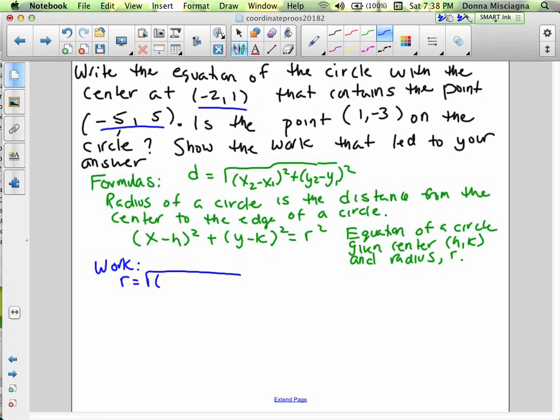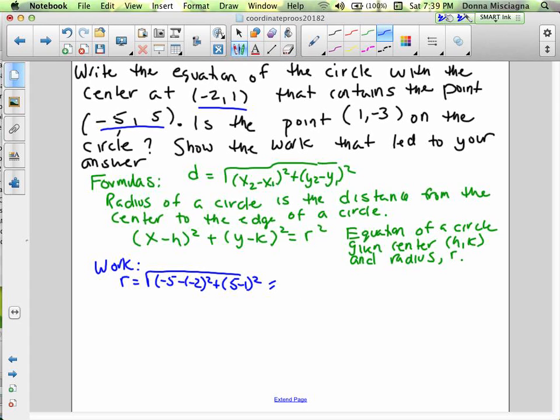So edge to center: -5 minus -2 squared plus 5 minus 1 squared. -5 minus -2 would be -5 plus 2, which is -3 squared. And then 5 minus 1 is 4.